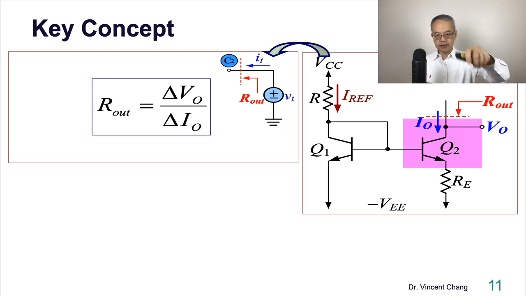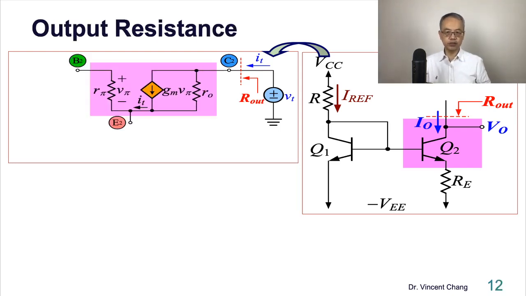Let's plug in the hybrid pi model, the second order model for the bipolar transistor, like this: V pi, R pi, voltage controlled current source gm V pi going down, and in parallel with the output resistance of Q2, RO. And then RE. And what's the third part? What's missing? The one on the left-hand side, the Q1 part, is the diode.